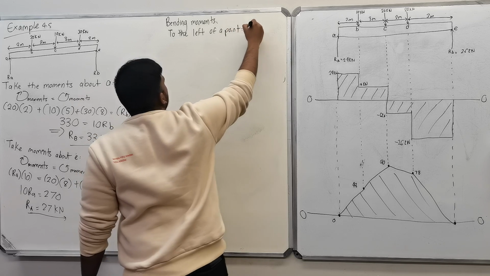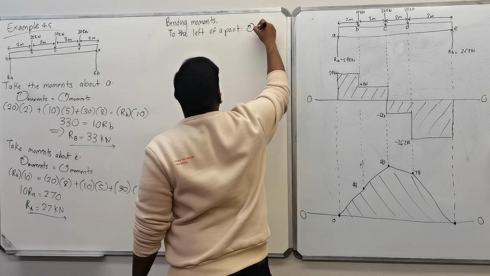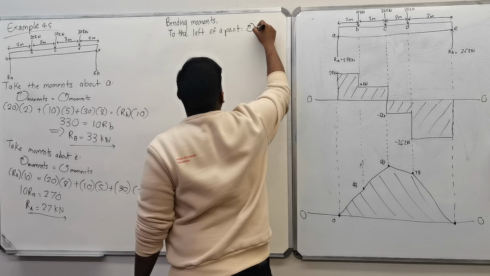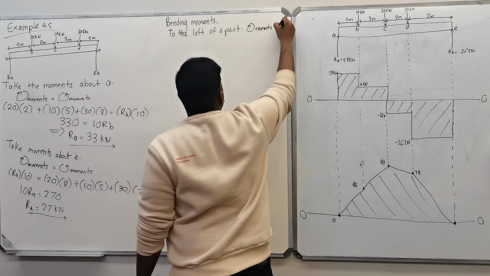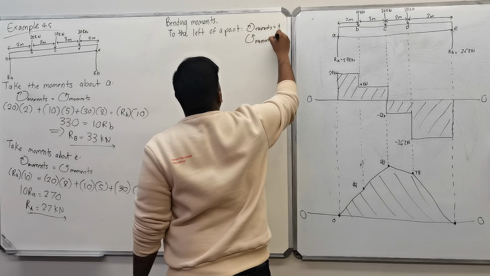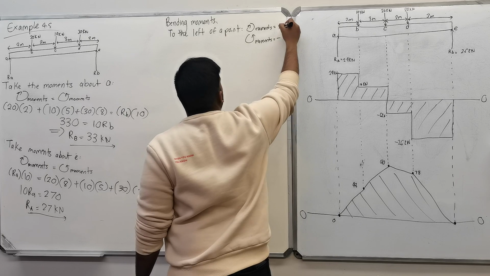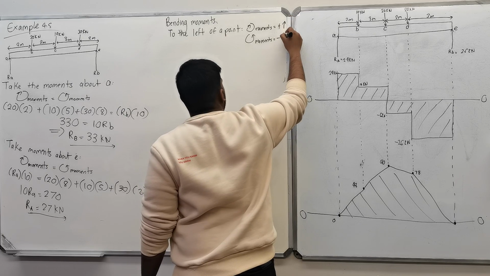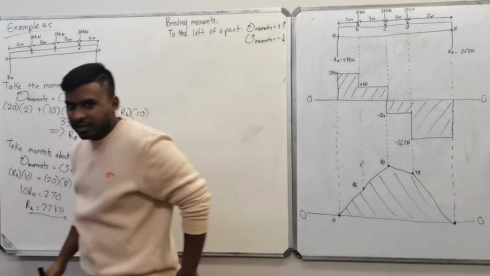If we do that, your clockwise moments are equal to a positive value, and your anti-clockwise moments are equal to negative. So this will automatically make up as positive, down as negative.